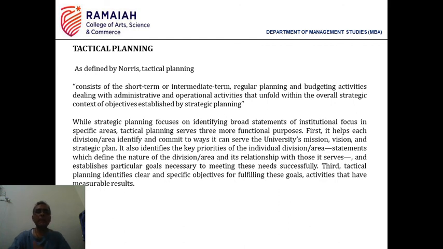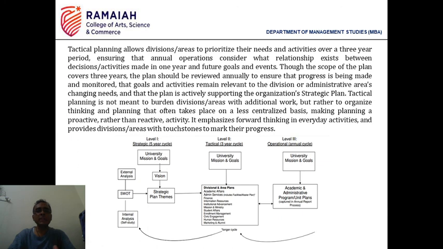Third, tactical planning identifies clear and specific objectives for fulfilling the goals of the organization, activities which have measurable results, or what you call key result areas, the performance area. Now, tactical planning allows divisions and areas to prioritize their needs and activities over a 3-year period.